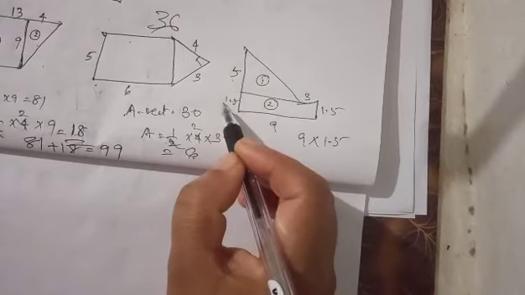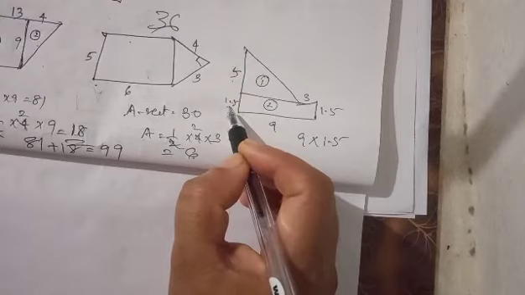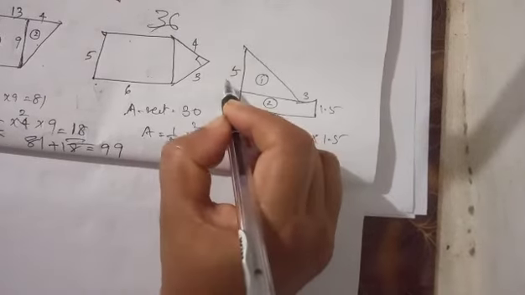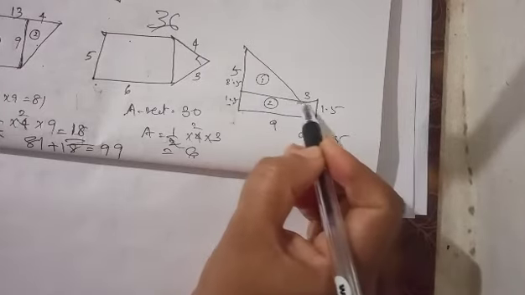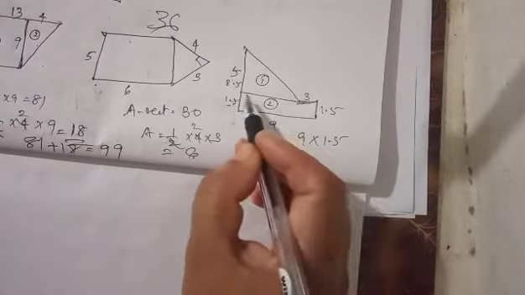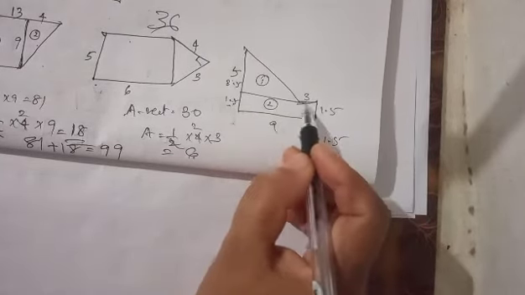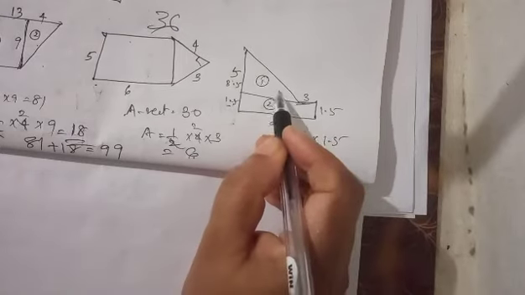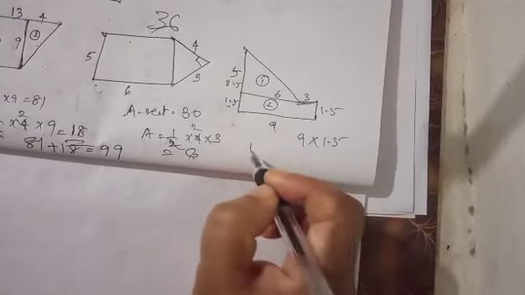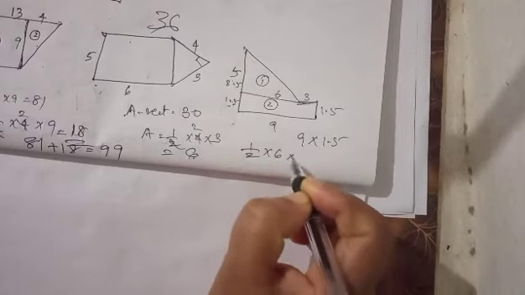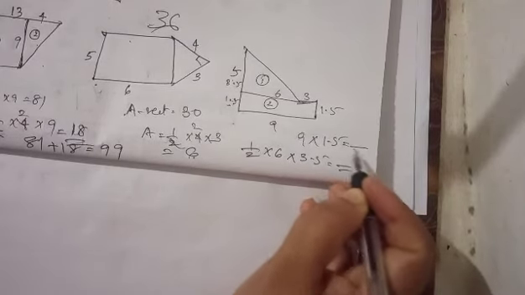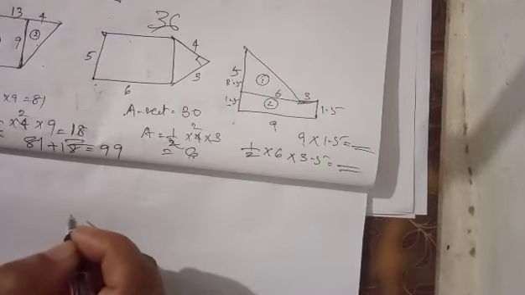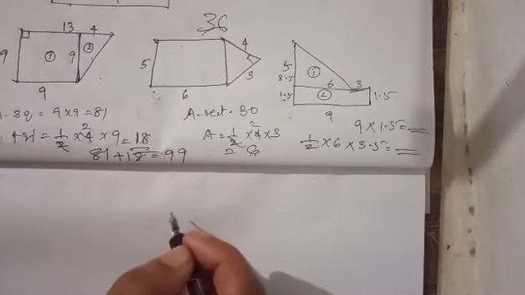Subtract from 5, we have to subtract 1.5. The remaining part is 3.5. This is 3.5 and this length is 3. Total is 9. Then from 9 minus 3, 6. So half into 6 into 3.5. Find out that answer. These two answers, find them and add them. Then you will get the area of that figure.